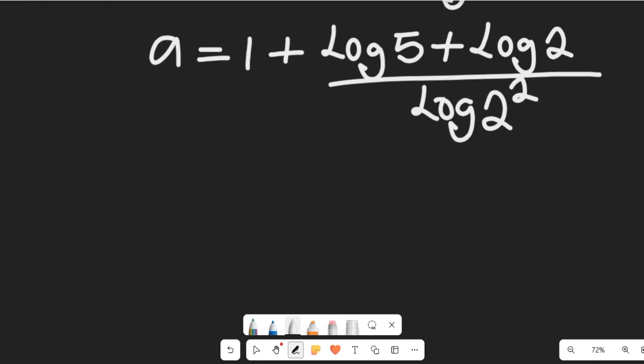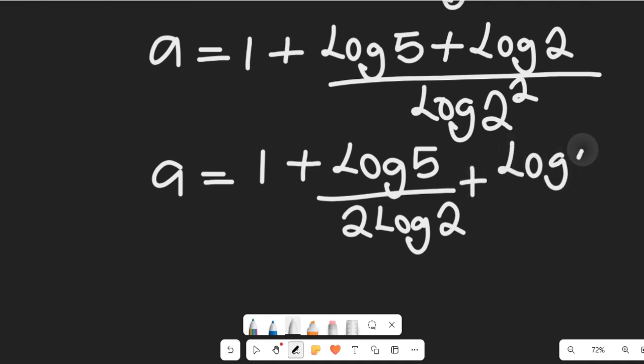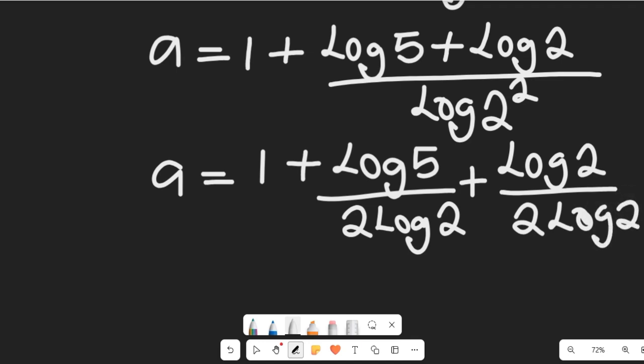Remember that rule. That will now give me a equal to 1 plus, I can separate that to give me log of 5 divided by 2 log 2, right, plus log of 2 divided by 2 log 2. Great.